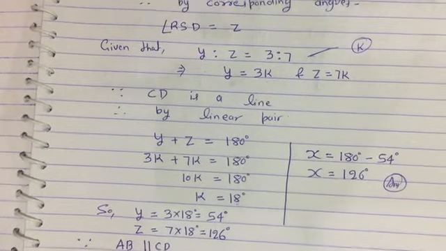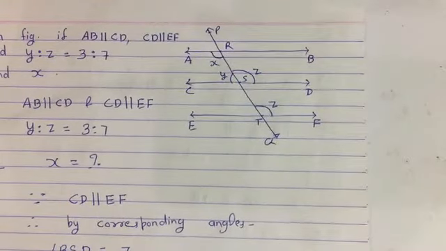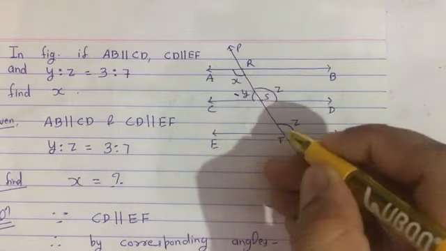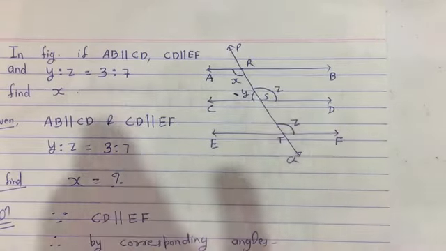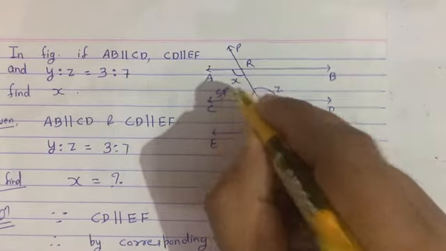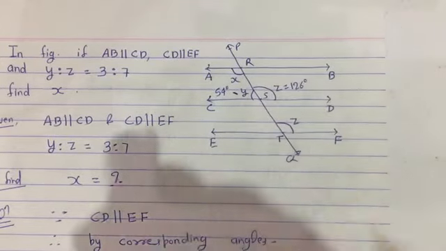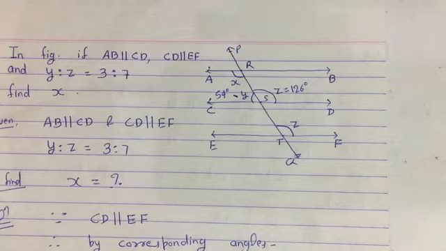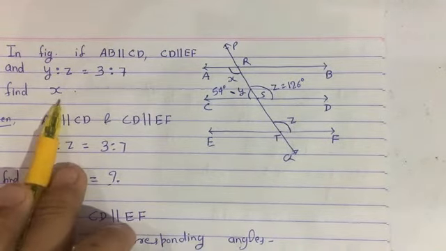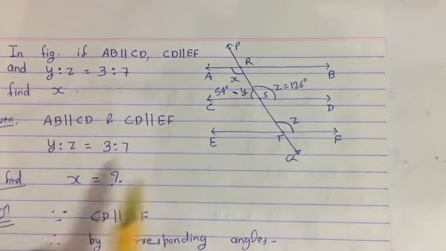So now we will get the actual value of Y and Z. So this value Y is equal to 54 degree and the value Z is equal to 126 degree. Okay, now our work is to find the value of X. We are going to discuss how we find the value of X.